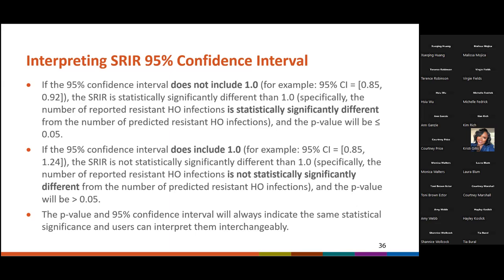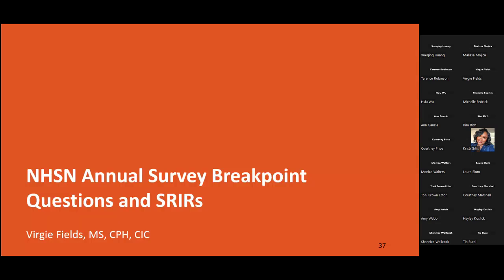The p-value and the 95% confidence interval will always indicate the same statistical significance, and users can interpret them interchangeably. So let's go back and discuss the NHSN annual survey breakpoint questions and how those affect the SRIRs.